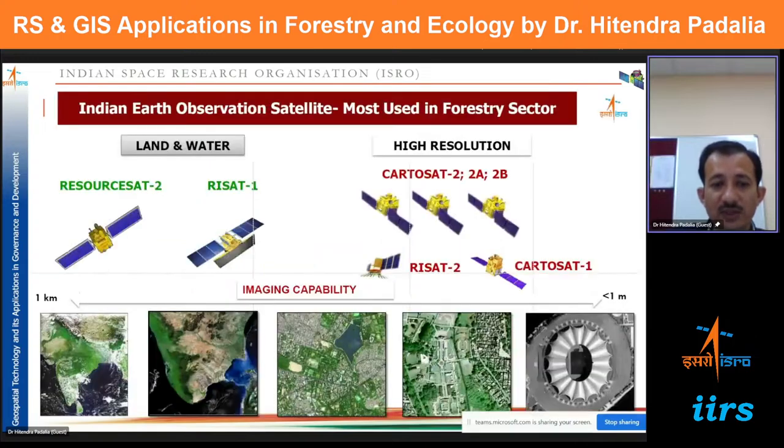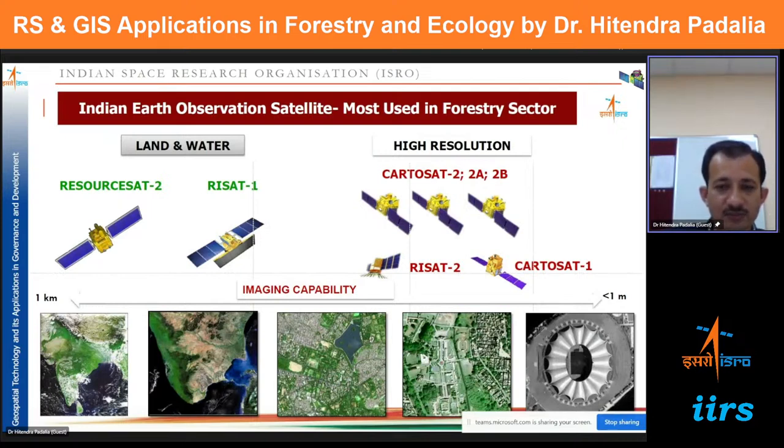This is just an example of the Indian satellite system, the Earth observation system. I'm trying to explain that we have traveled a long way, starting from 1972 with Landsat MSS. India developed our own system in 1987, and subsequently we have been improving the resolution of the satellite images, and we have been providing very frequent images now.